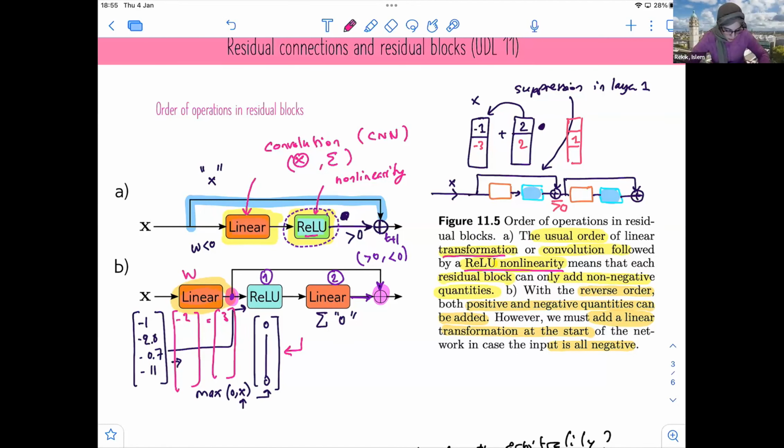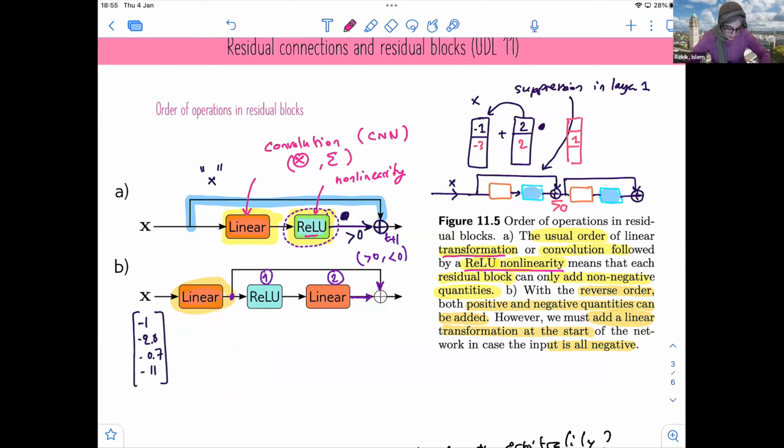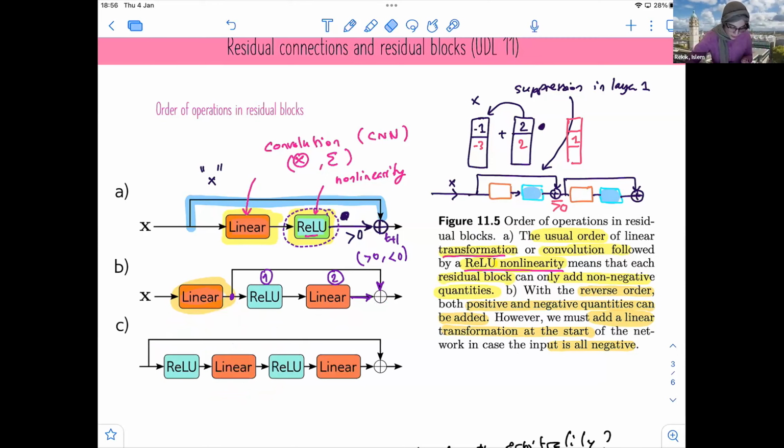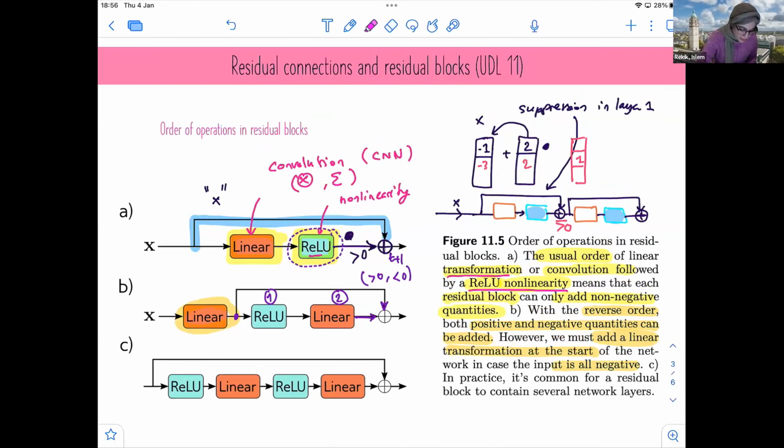So let's remove all of these and look at the next scenario. In the next scenario, we're going to have a different approach. Here we have a third case where we can order the sequence of operations and also change the beginning and the end of the residual connection. It's common for a residual block to contain several network layers.